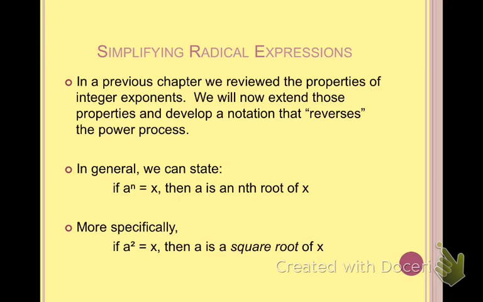So for example, if 5 squared equals 25, then 5 is the square root of 25. Or if 2 squared equals 4, then 2 is the square root of 4, and so on.